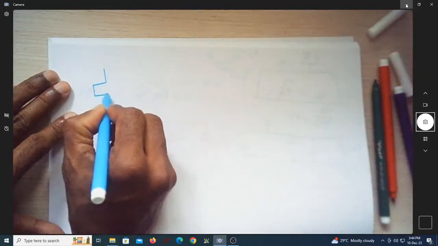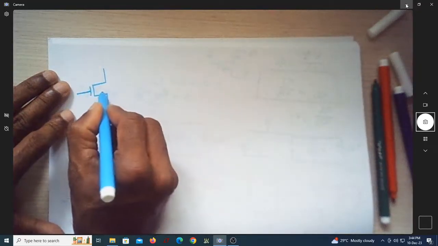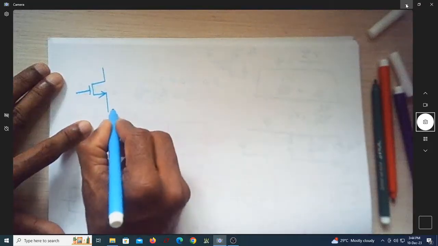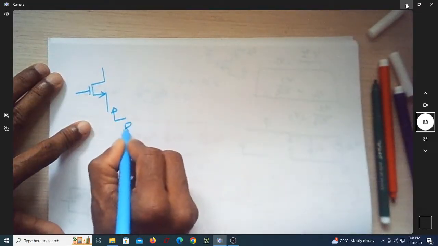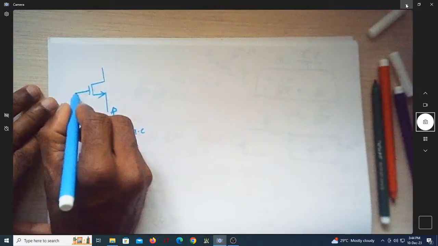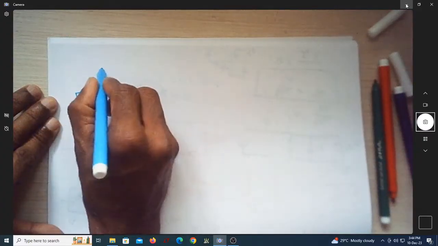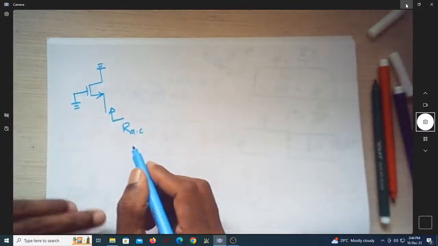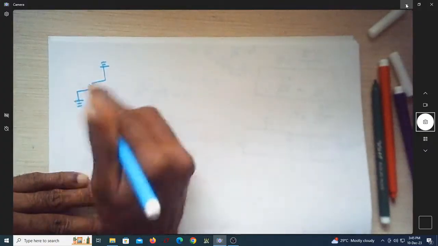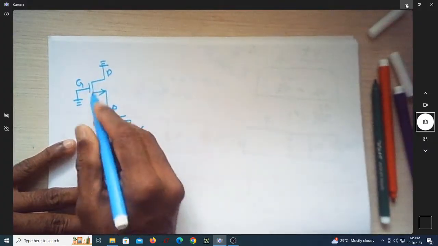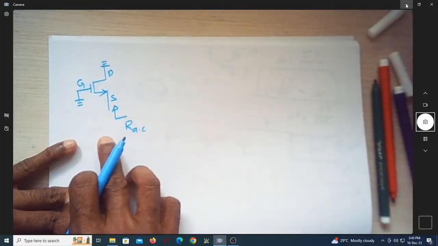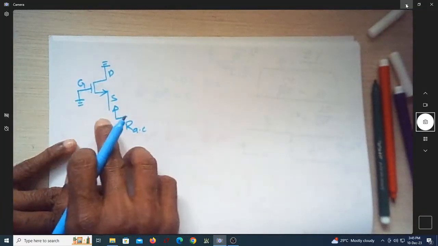On the same lines, suppose you have again the same NMOS transistor. Now this is source. You look towards the source and find out the AC resistance provided. This is AC grounded, this is also AC grounded. If gate and drain are AC grounded, what is the resistance of this MOSFET looking into the source?